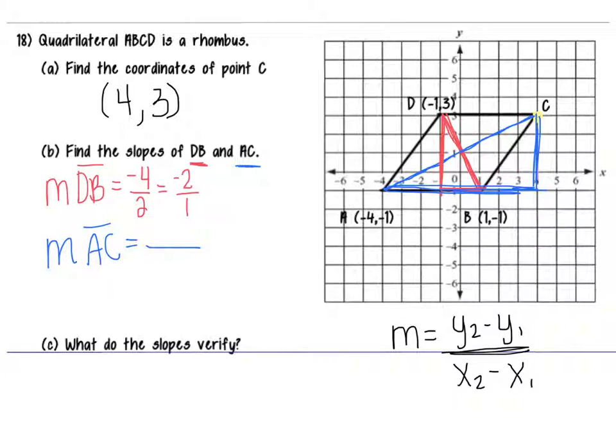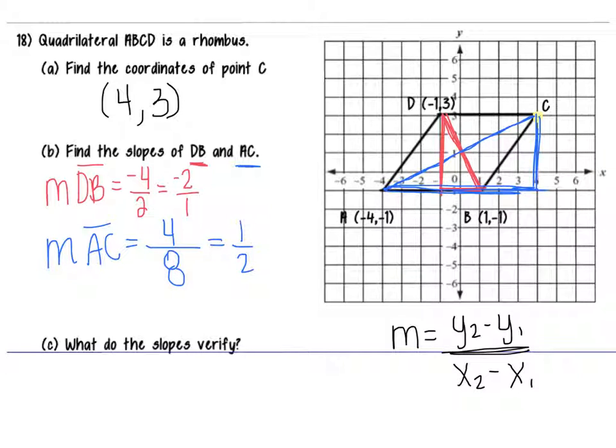So it rises 4, and it runs 1, 2, 3, 4, 5, 6, 7, 8. So it runs 8. Okay, so the slope of AC is 1/2.